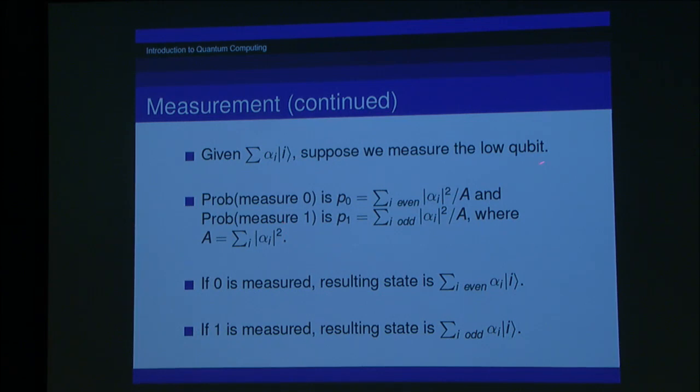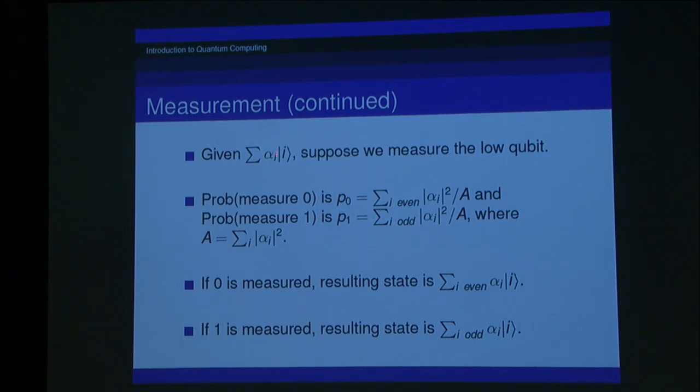And superposition, let's say we measure the low qubit. You may measure a 0, you may measure a 1. The probability is proportional to the weight. If the weight favors even numbers, you're more likely to measure something even, and if the weight favors odd, you're more likely to measure odd.